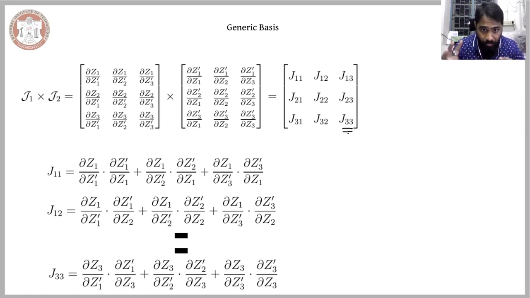Again, our goal is to come up with a notation that will help us express this easily. Now if you consider the expression here, the expression that indicates the entry at J11, we are considering the expression that pertains to the value at this position of the product matrix.